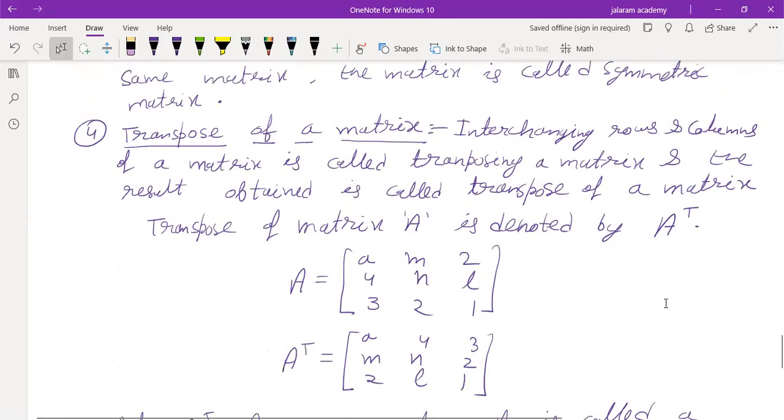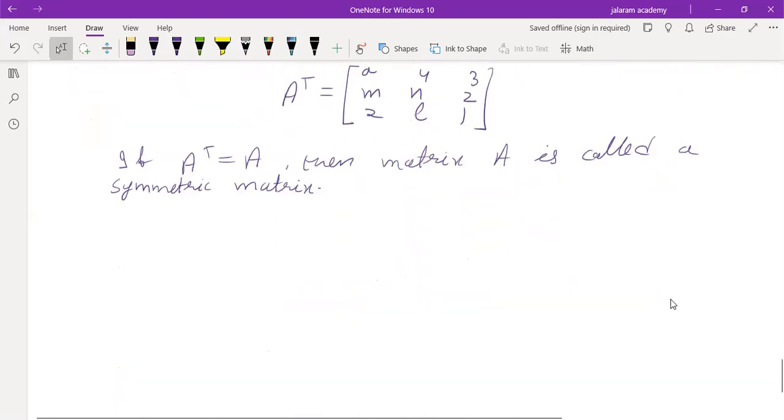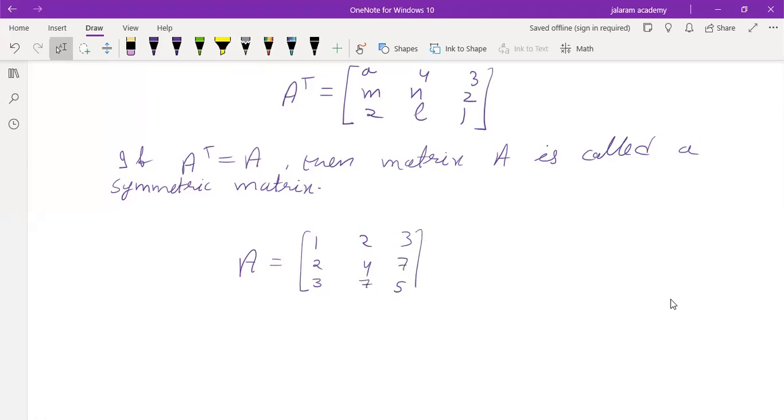If A transpose equals to A, for example, if a matrix A is given as 1, 2, 3, 2, 4, 7, 3, 7, 5, find its transpose. What will be the result? First column 1, 2, 3 becomes first row.